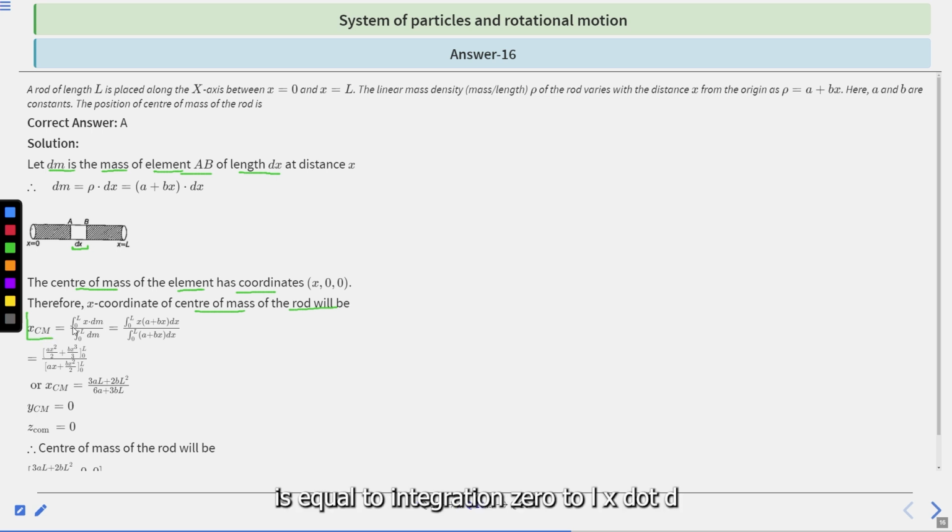x center of mass is equal to integration 0 to L x dm divided by integration 0 to L dm. Clear? And putting all the terms in this equation, you will get this, which is ax square divided by 2 plus bx cube divided by 3 in limit 0 to L divided by ax plus bx square divided by 2 in limit 0 to L. And solving this term, you will get x center of mass is equal to 3al plus 2bl square divided by 6a plus 3bl.